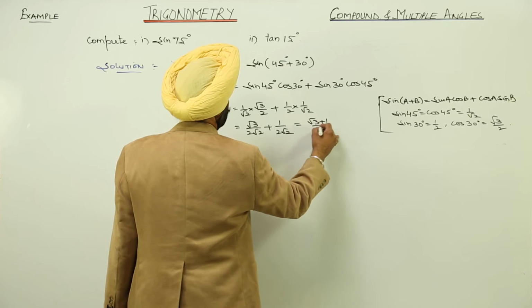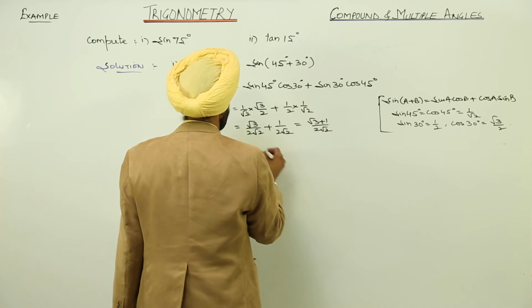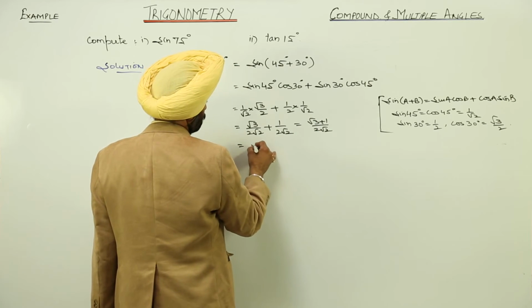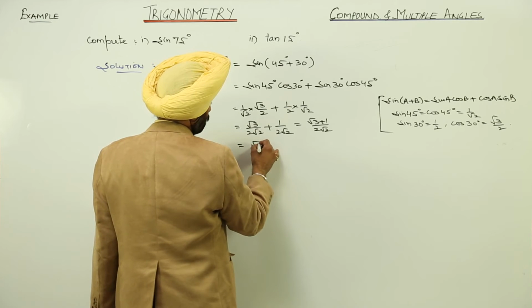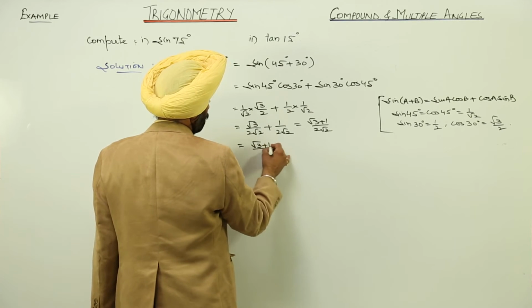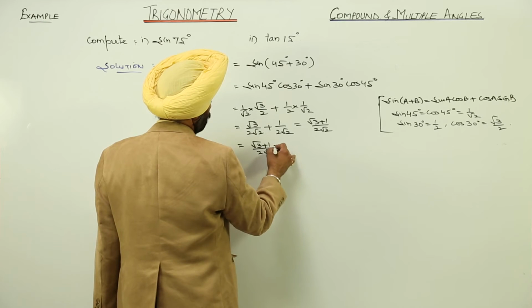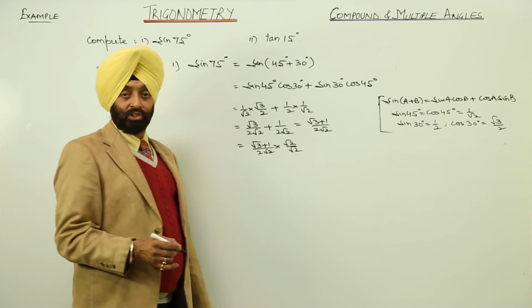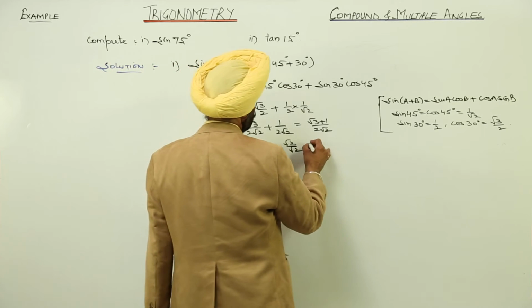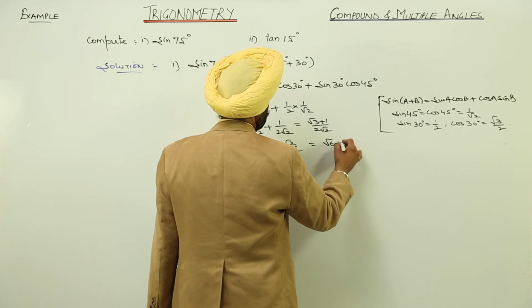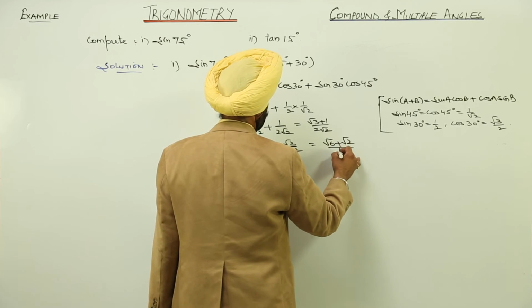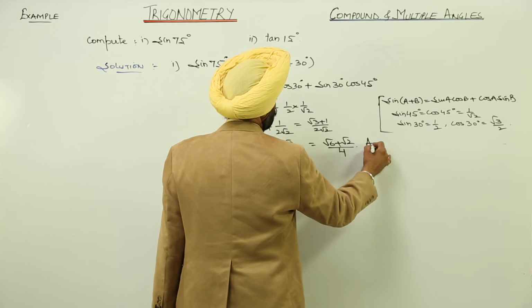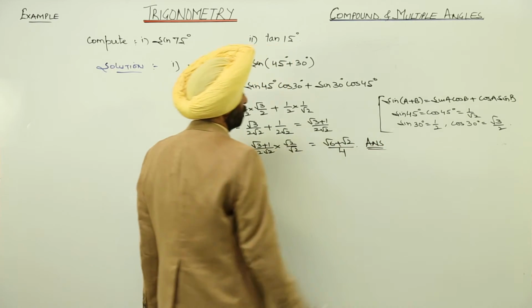Root 3 plus 1 upon 2 root 2, and finally this becomes root 3 plus 1 upon 2 root 2 with root 2 upon root 2, okay, by rationalization. So this becomes root 6 plus root 2 upon 4, answer for part 1.